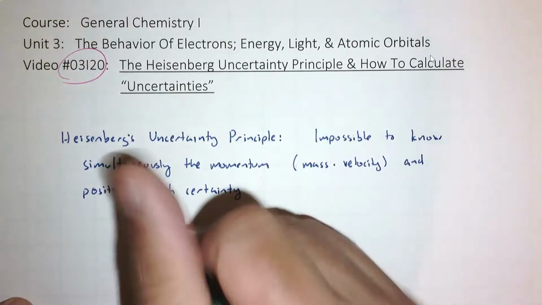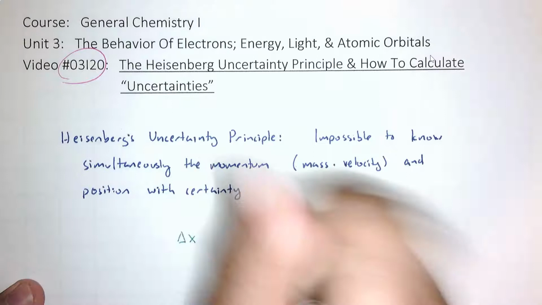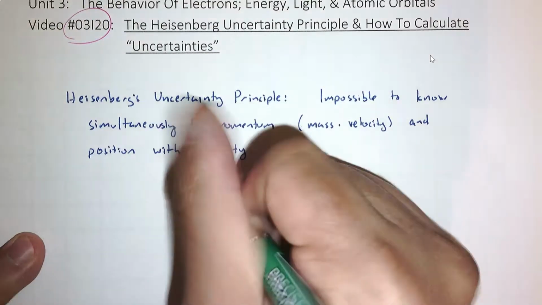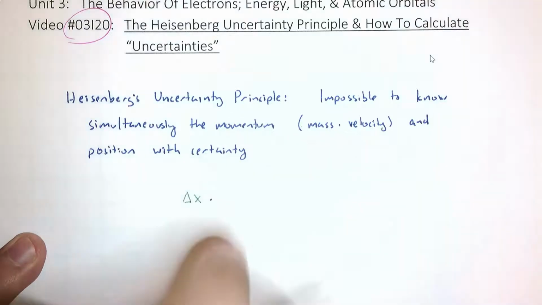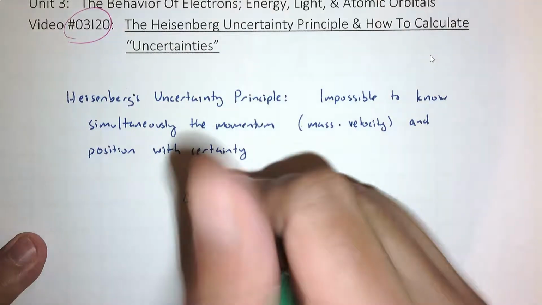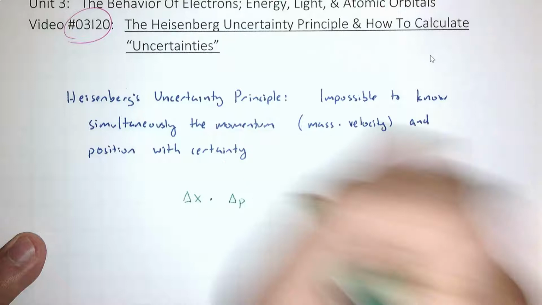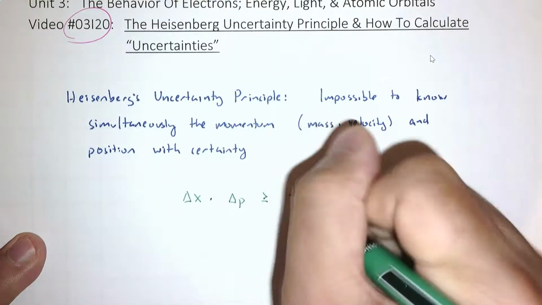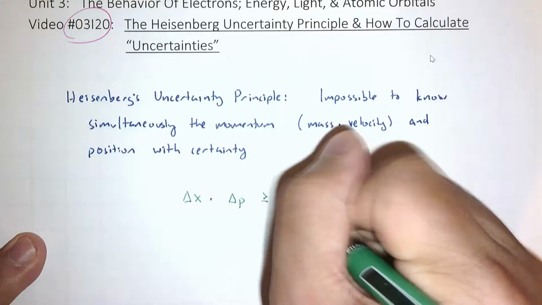That mathematical equation is, now I'm not 100% sure, but we'll just call this delta x, but it's not a changed x. I'll tell in just a bit what this really means. Here's your momentum, greater than h over 4 pi.